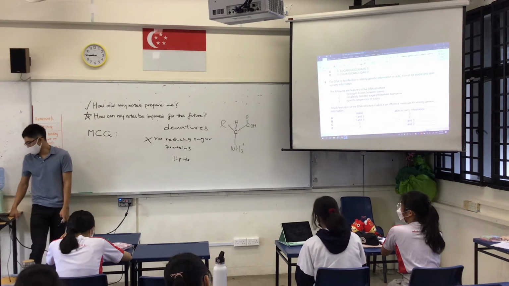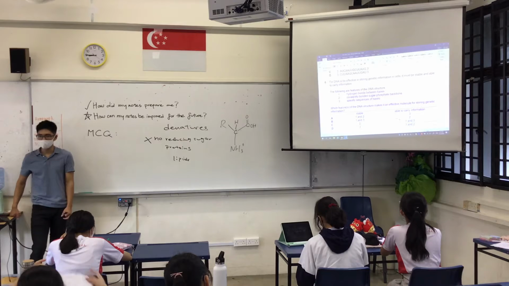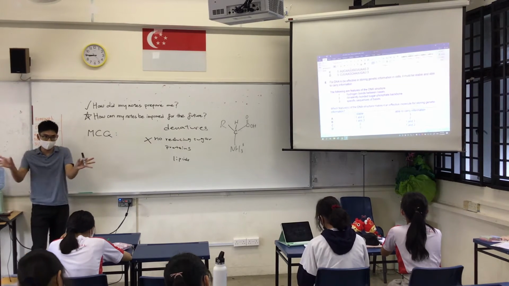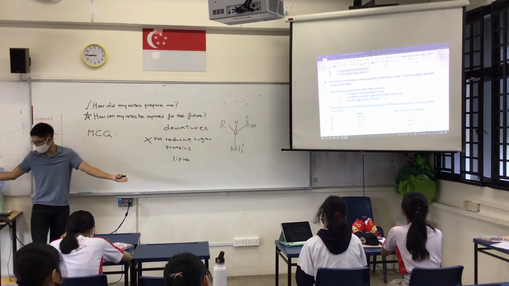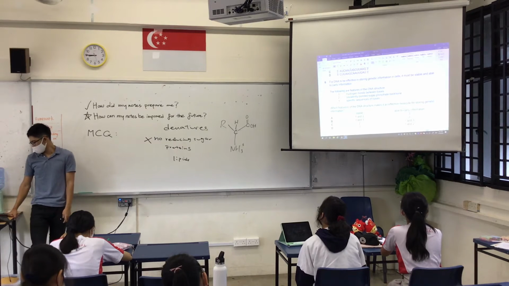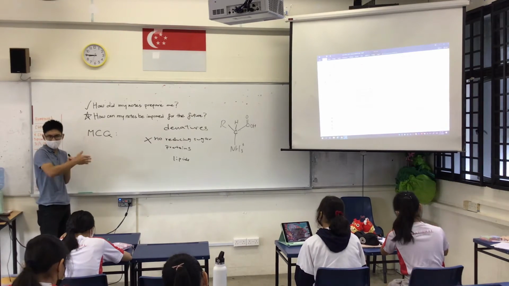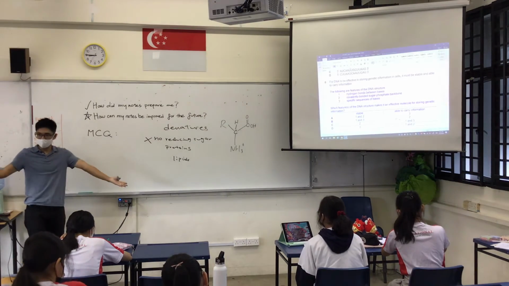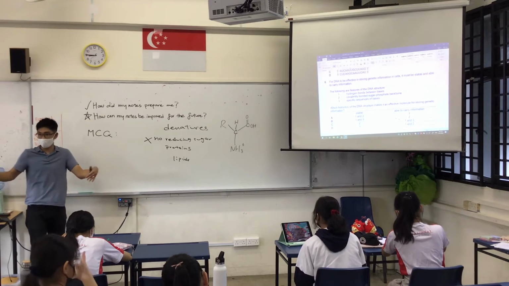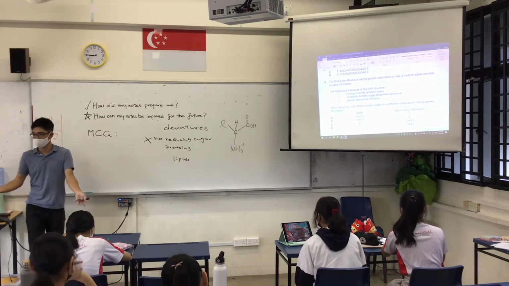Number two, covalently bonded sugar-phosphate backbones. That's what helps all the nucleotides join together in a stable way. Last one, specific sequence of bases. That's what will determine the information. Depending on how I put the A, T, C, G, it's like a sentence. Different combinations will result in a different sentence, different information.